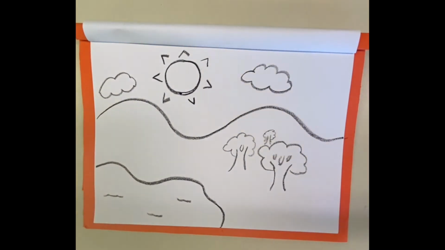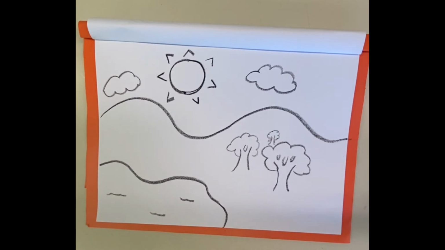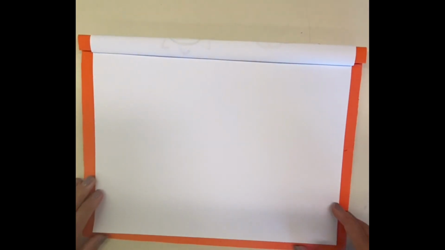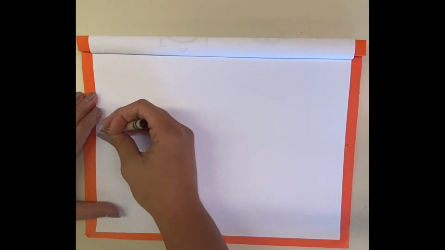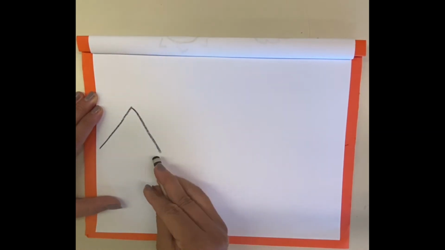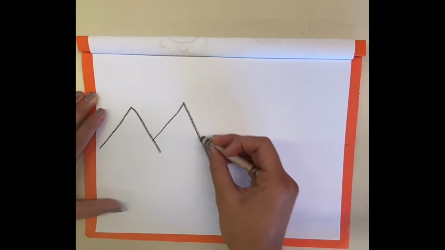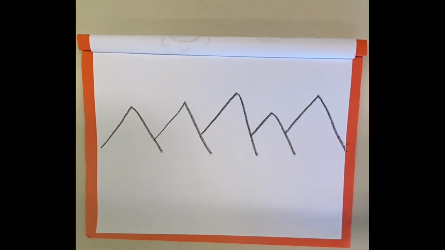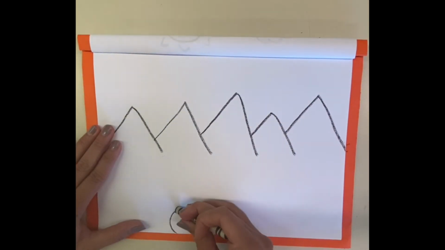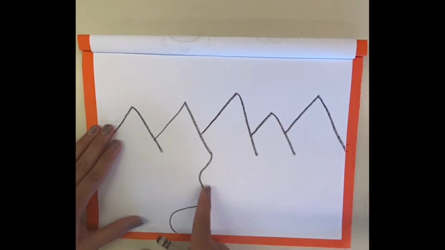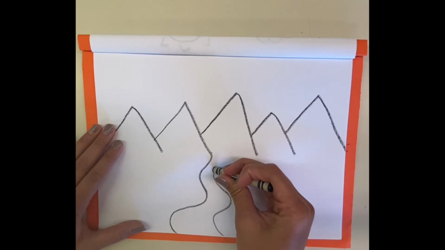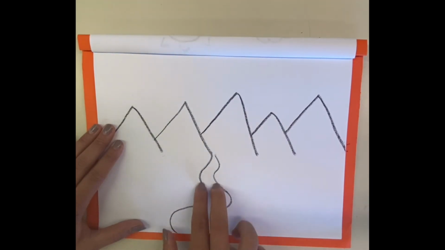For this next landscape, I'm going to use the landform of mountains. To draw mountains, you could use a zigzag line, or what I prefer to do is I start with the shape of almost like an A, and then continue those in bigger and smaller shapes all the way across the page. Next, I'm adding a river. To do that, I add a curvy line, and then another curvy line just like it, but I have them meet at the end.